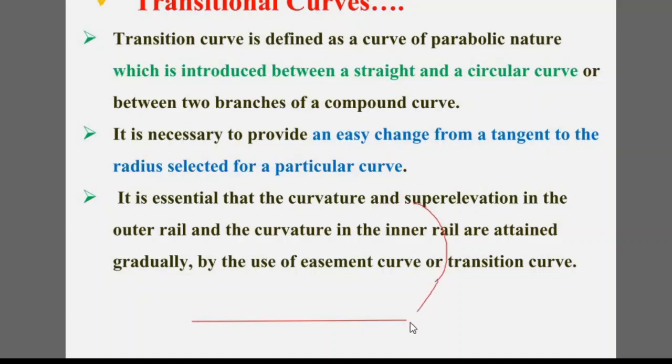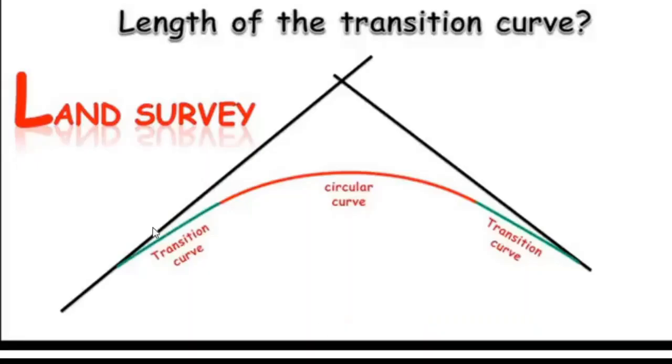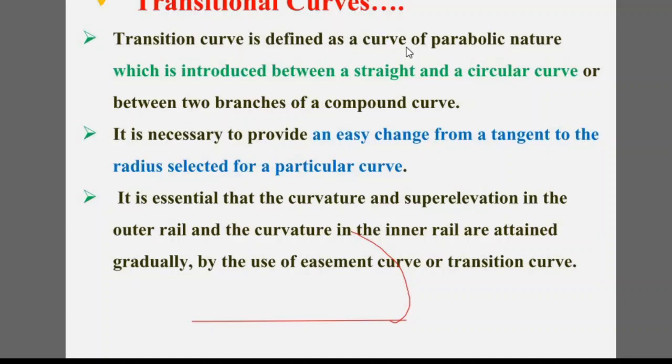It is essential that the curvature and the superelevation in the outer rail and the curvature in the inner rail are attained gradually. That is, the curvature and superelevation in the outer rail and the curvature in the inner rail should attain gradually by the use of this transition curve.